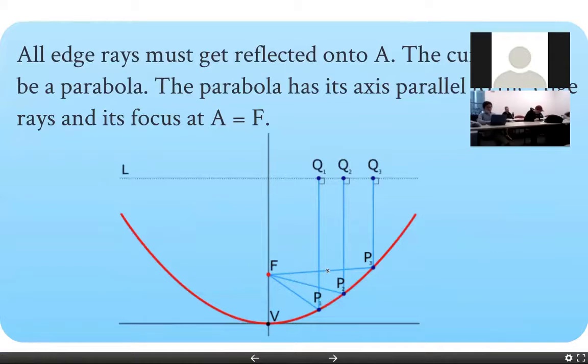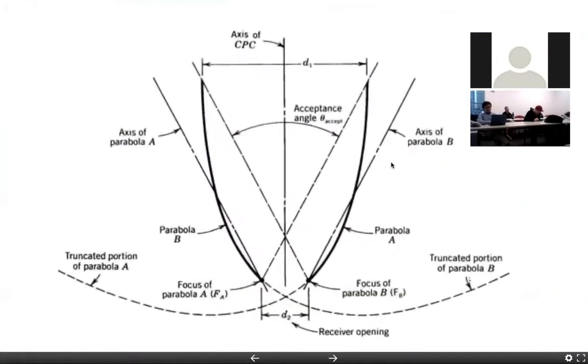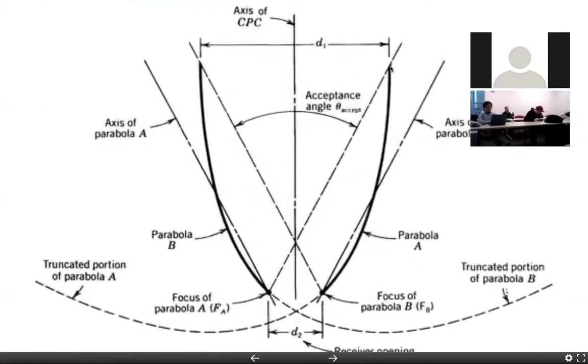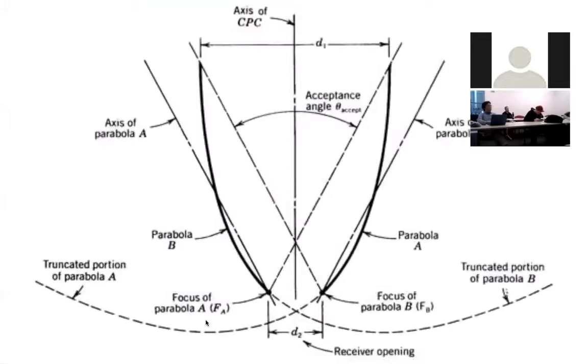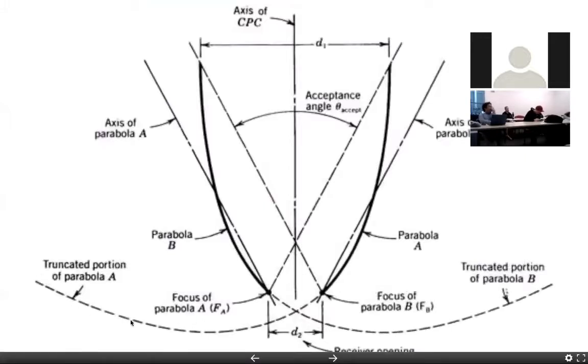Now, for the CPC, you think about this parabola and you have to rotate it a little bit, which you can see in this picture. So this is our parabola that we just looked at. Just focus on this line that I'm pointing out with the mouse. And then we're going to truncate this parabola here.